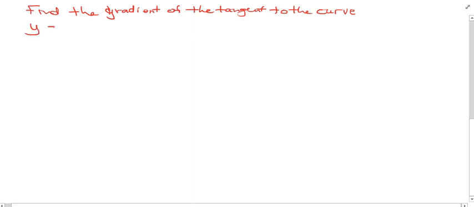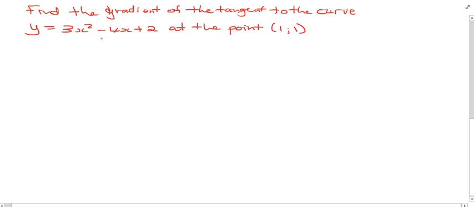Let's say we've got y is given as 3x squared minus 4x plus 2, at the point 1 and 1.